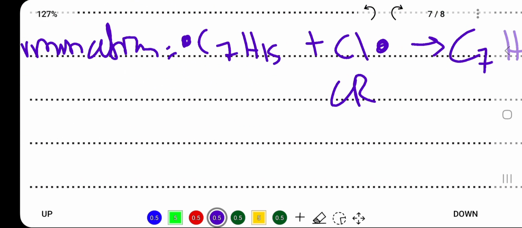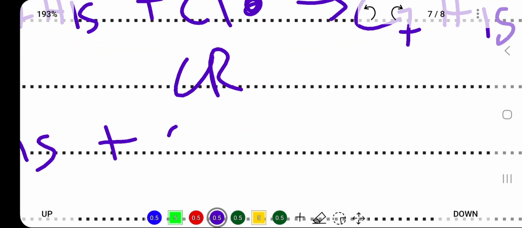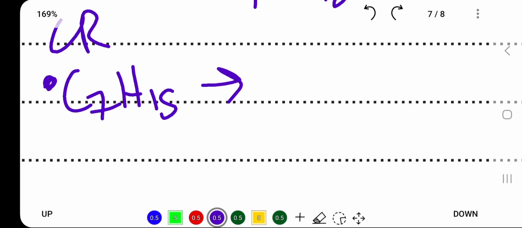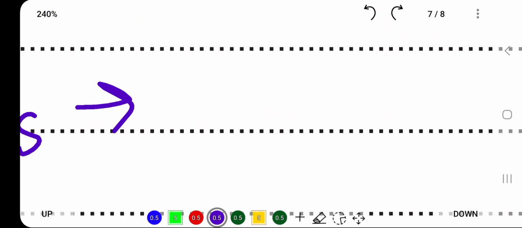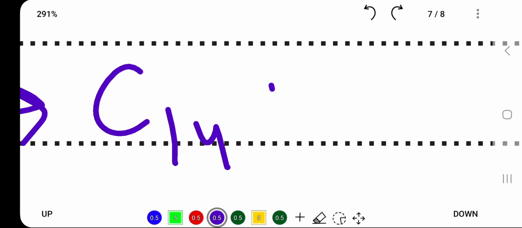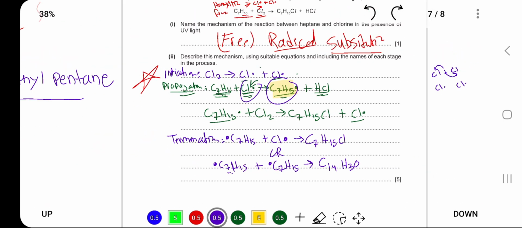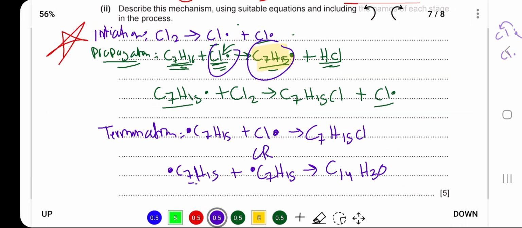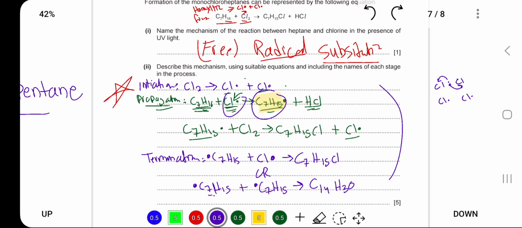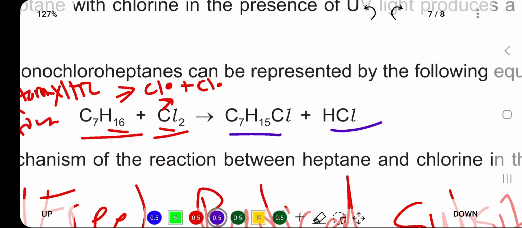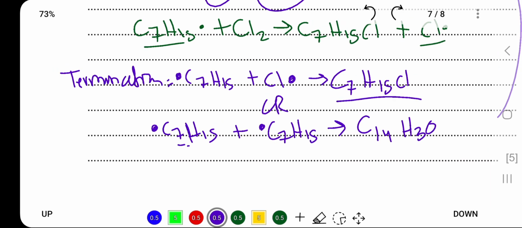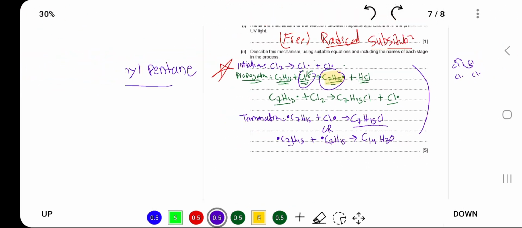Or you can also have other radicals together, which is C7H15 with C7H15. You just add the carbons all together and the hydrogens all together. If you add them all together, you're gonna get C14H30. You understand? And basically, these equations do each step to give you these products, as you can see. Like C7H15Cl was the product at the very end of the termination, which is this. So it's really that, and it's actually very easy.